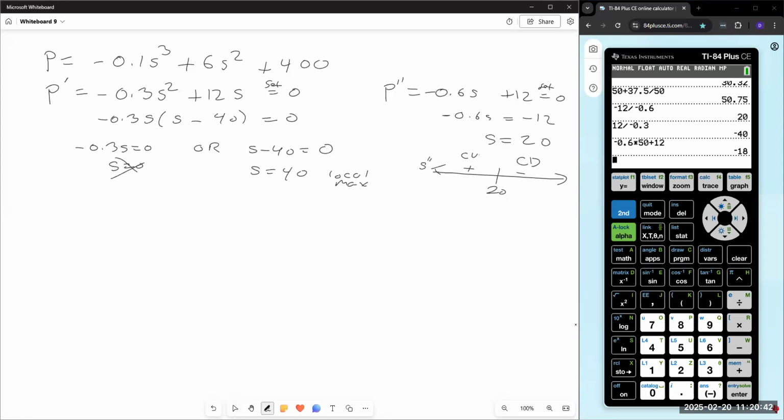So the maximum profit occurs when S equals 40, which is the same thing as $40,000.